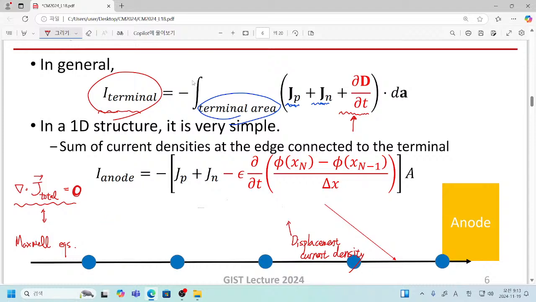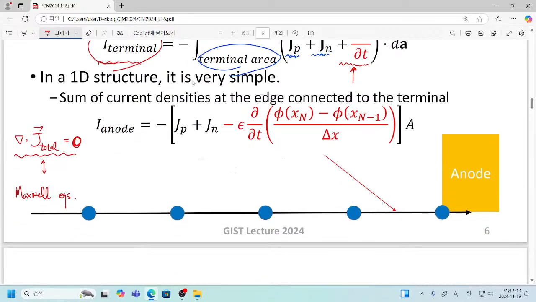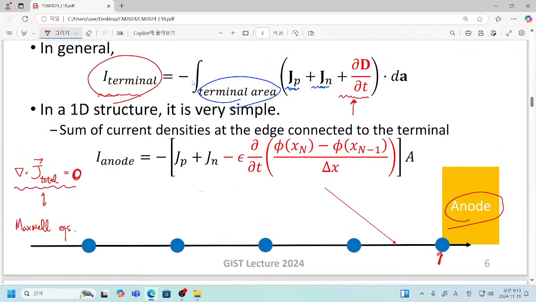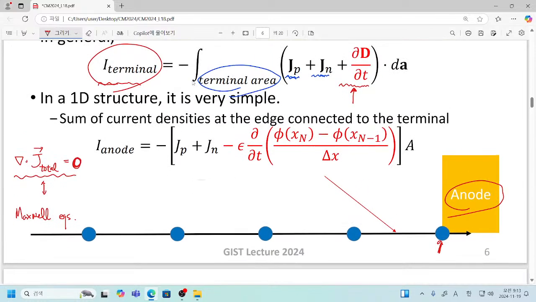So now let's think about a simple 1D system. Let's say this is a node, and here we have the contact boundary. This is a terminal node, and usually we can evaluate here Jn and Jp. Maybe you sum these two to make another current.